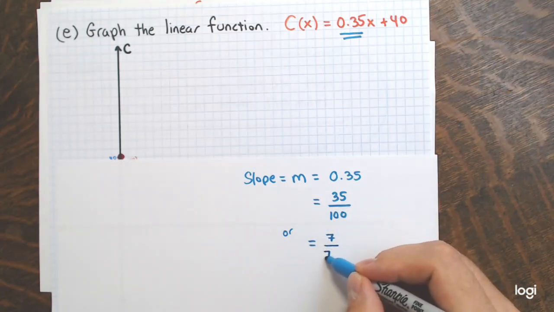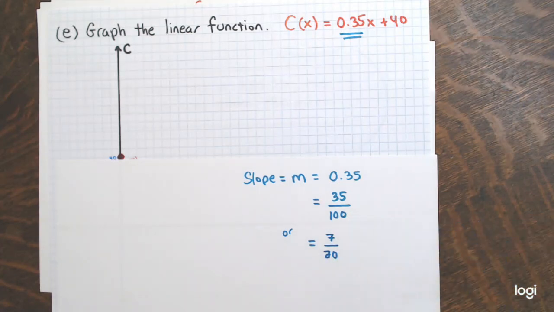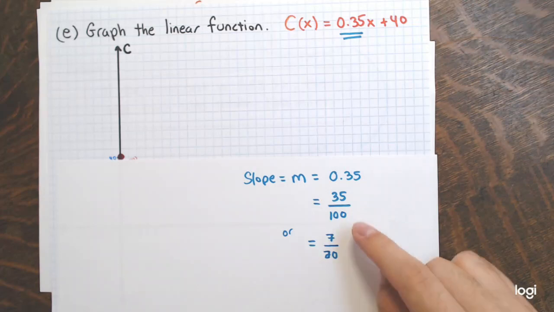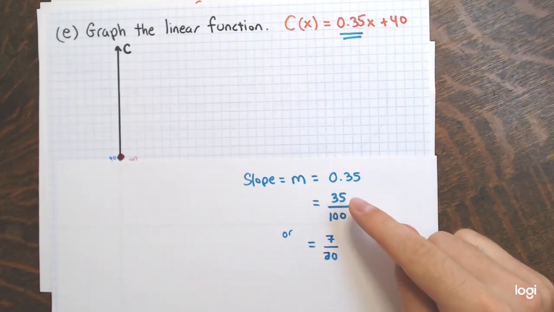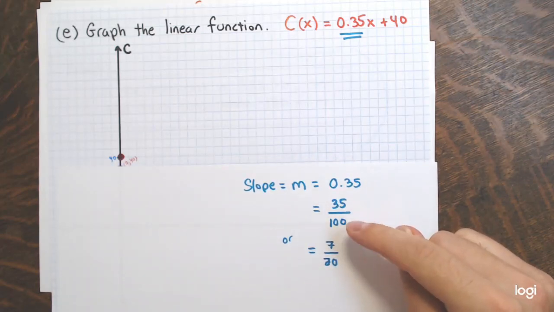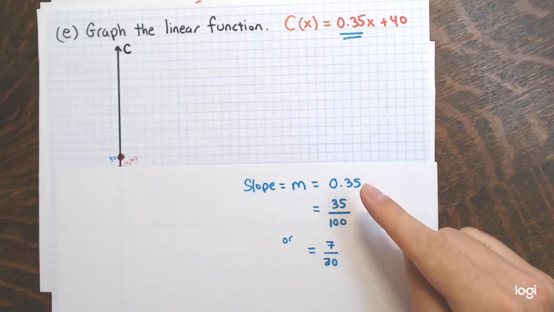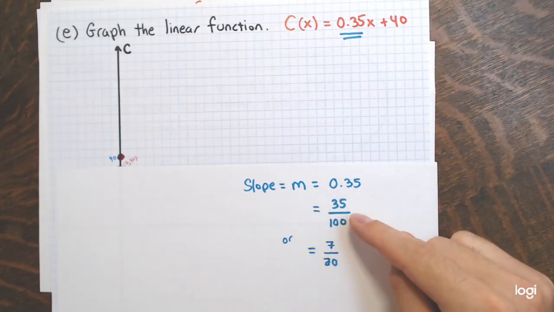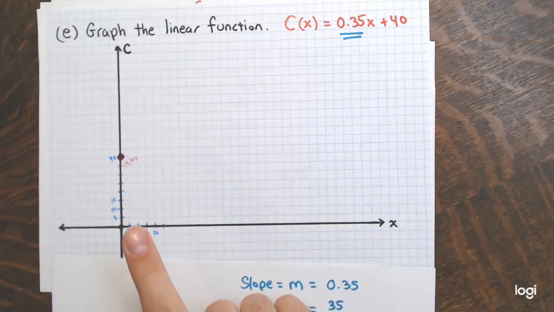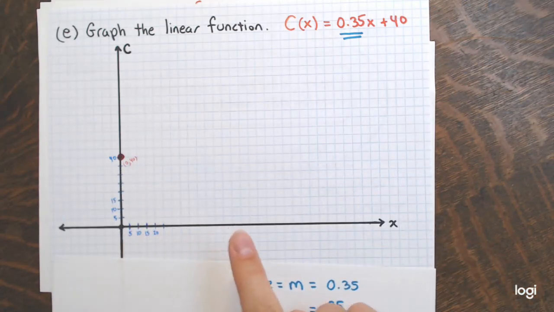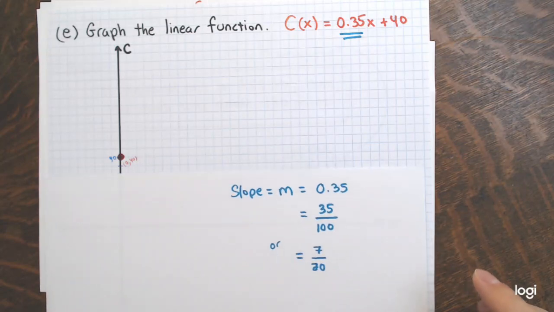That's 7/20ths. If you want to write it that way. But I'm actually going to keep the slope in this form here, 35 over 100, 35 hundredths, 0.35 like it is, because these are nice multiples of 5, and that's the way I've set up my axes, where every single square is representing 5 units.